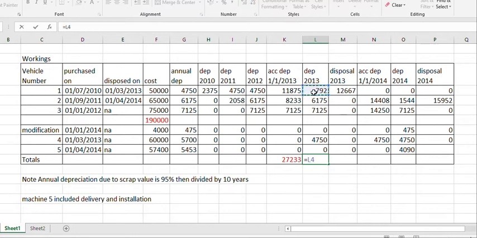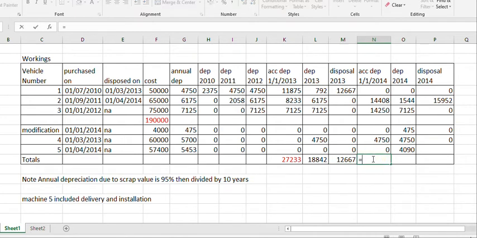We need the depreciation figure for 2013. So we have vehicle 1, vehicle 2, vehicle 3, and vehicle 4 as well. So 18,842. The disposal for vehicle 1 total.